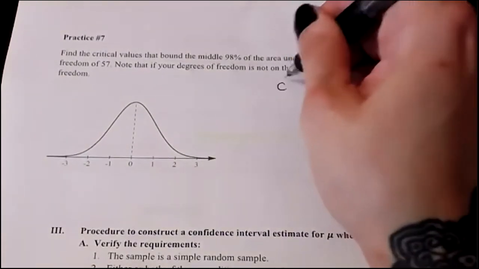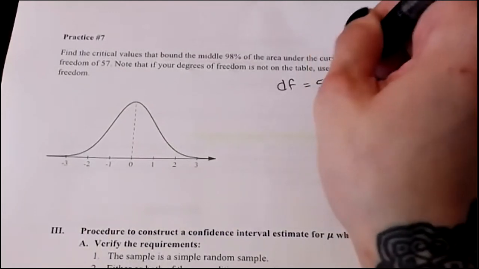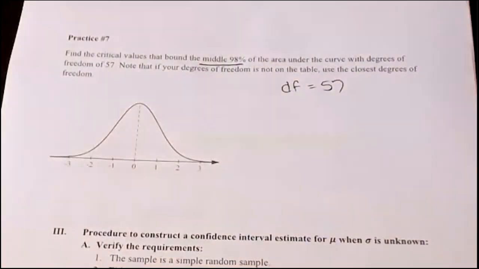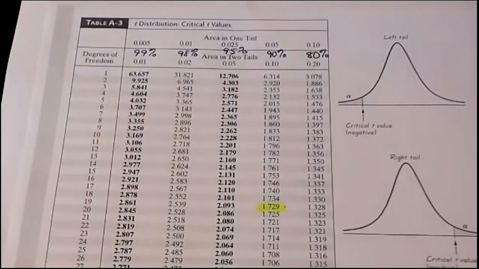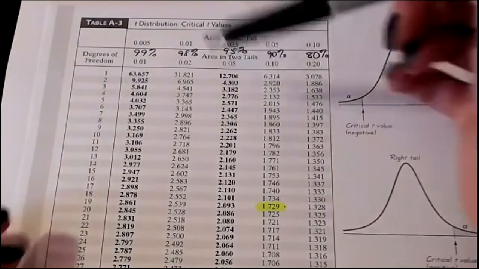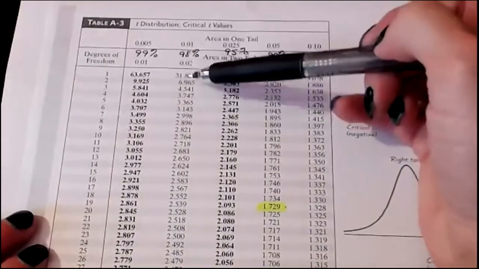What are your thoughts? Talk to me about what you're thinking when you look at this chart. What are you seeing here? First off, which column am I going to be locating my critical value in? The second one. Definitely. We're looking at the middle 98%.